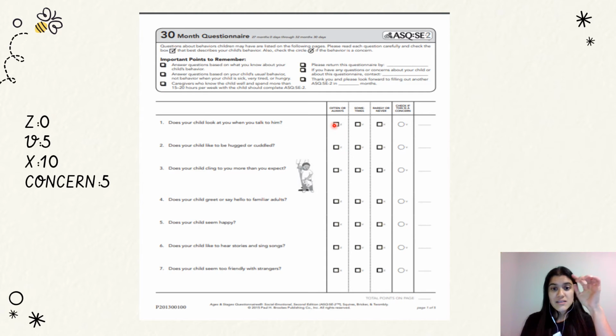Each square has a little letter next to it, so I'm going to tell you what this letter means. For example, here we see a C, then comes a V, and there comes an X. And the other one is just the circle, where the parent will mark if it's a concern or not.